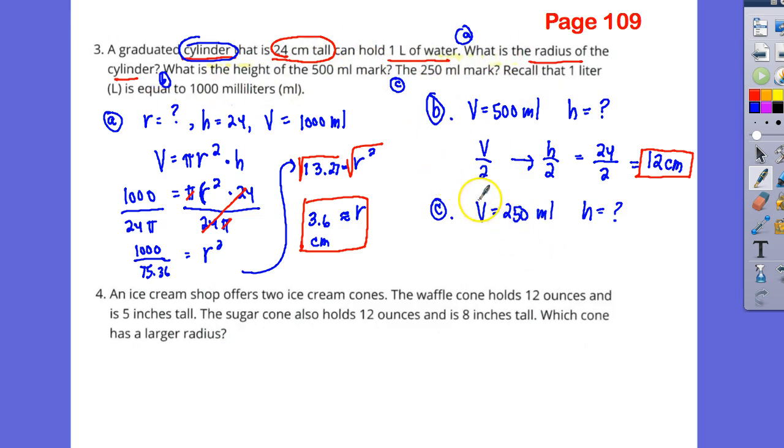So they divided the volume by 4. So you will do the same thing with the height. The height will also be divided by 4. So 24 divided by 4 is 6. So 6 centimeters.